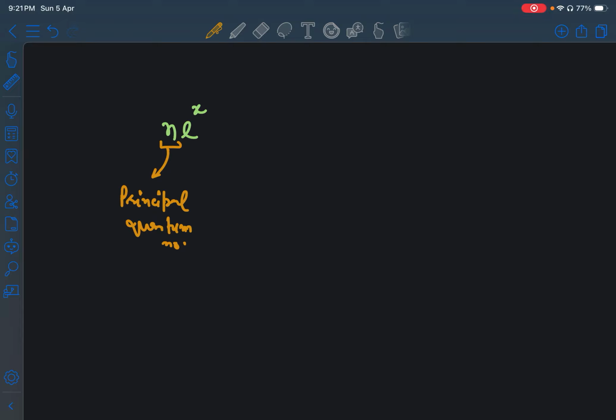So n means principal quantum number, whereas this l simply means azimuthal quantum number. And this x means number of electrons in the subshell.